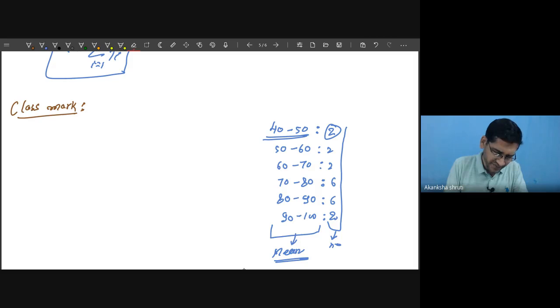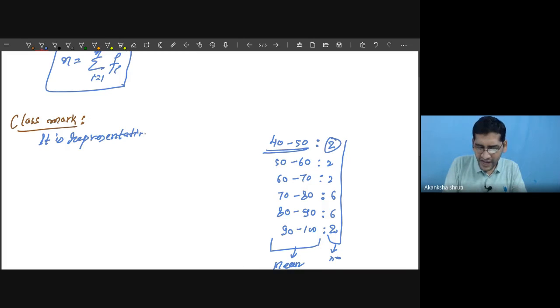Representative means, for the entire calculation, wherever the marks are required for analysis of a particular interval, we shall take this class mark, not the class interval. So it is the representative of a class interval.